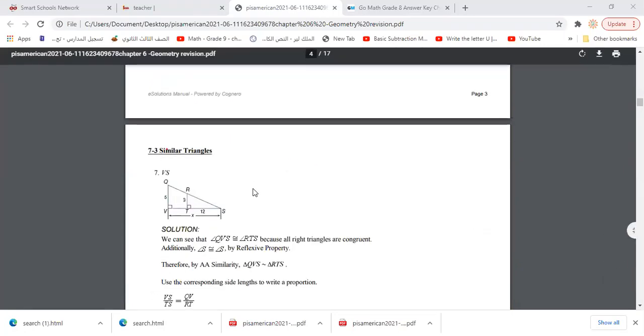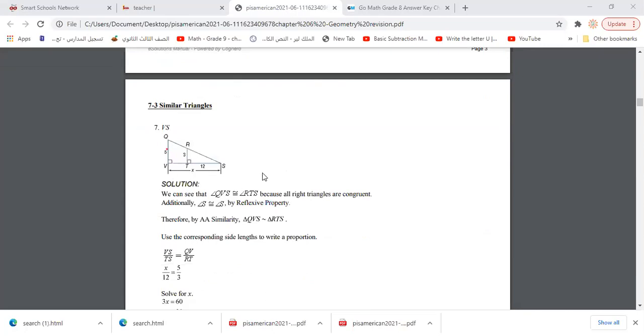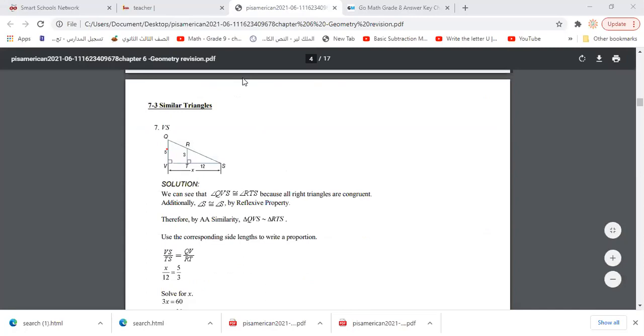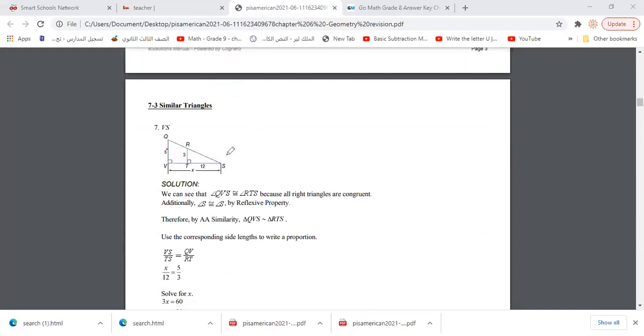Another question. In this question, how can we prove that those 2 triangles are similar? What did he give us? Which 2 triangles are we going to talk about? Triangle QSV and RST.